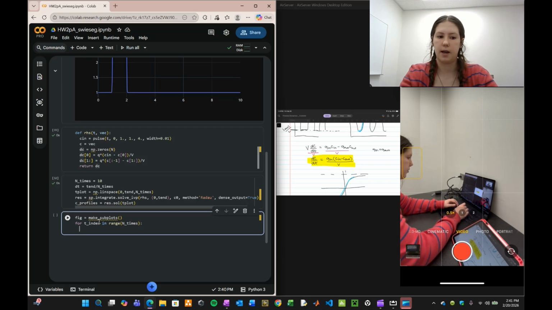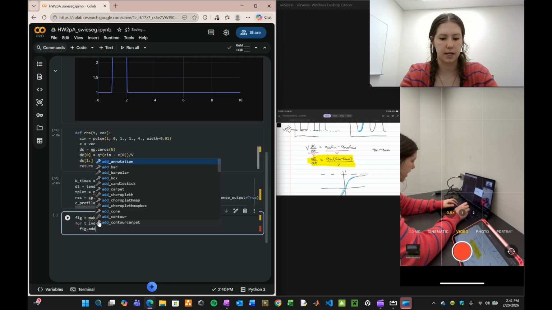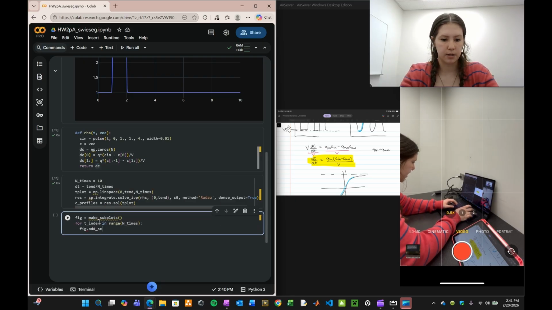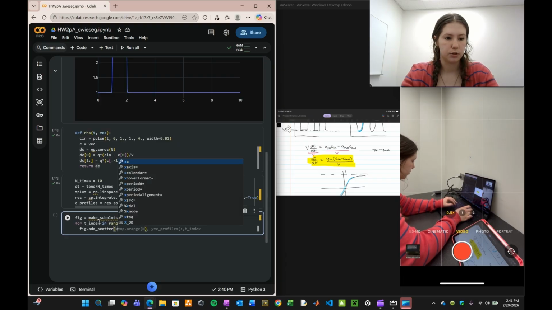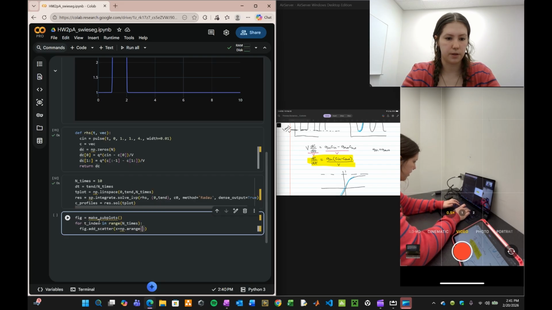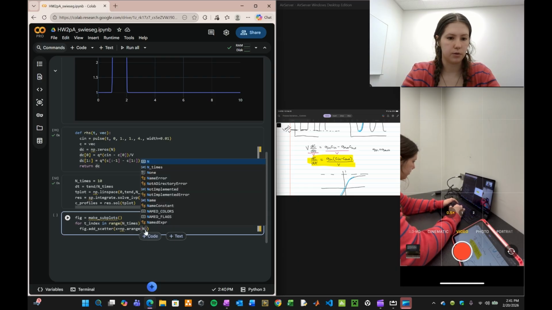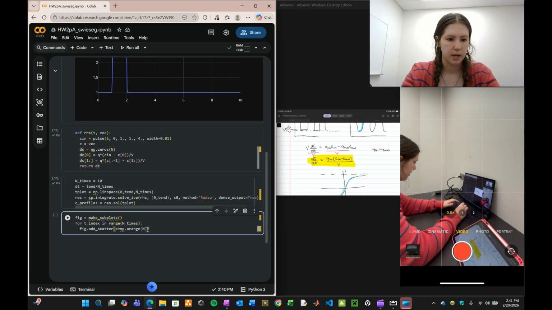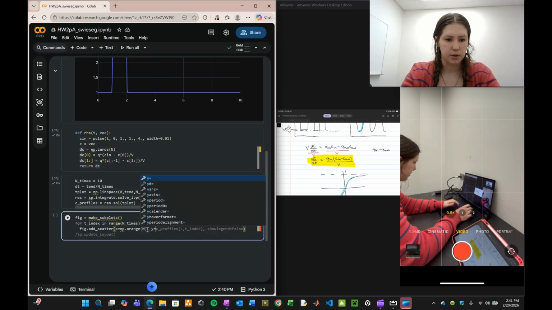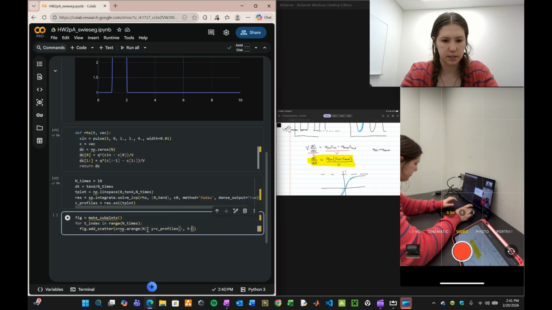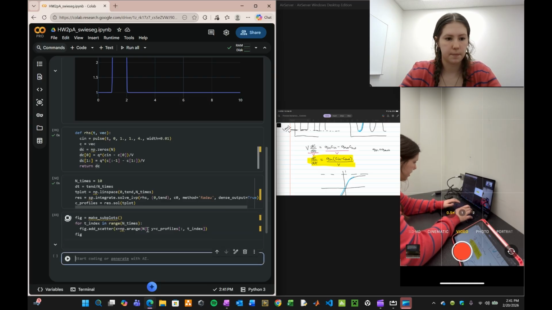And now we're going to add our plots here. So we're going to do fig.add_scatter. And we want our x to be equal to our array that we did earlier, or the range from n, and we want our y to be equal to our C profiles, all of them into t_index. Okay, and then we can say fig.show to show that.